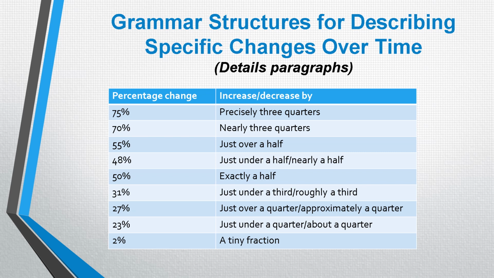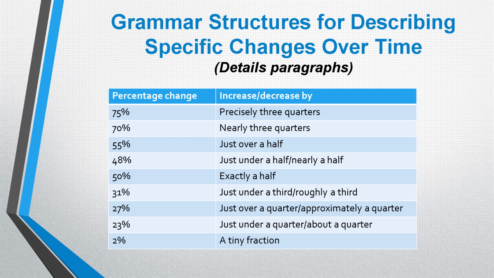Just in case you're unsure, these are the approximations to the percentages that you might see on graphs. So this is the percentage change. If you've got a 75% change in something, you've got precisely 3/4. If it's 70%, you might say it's increased or decreased by nearly 3/4.